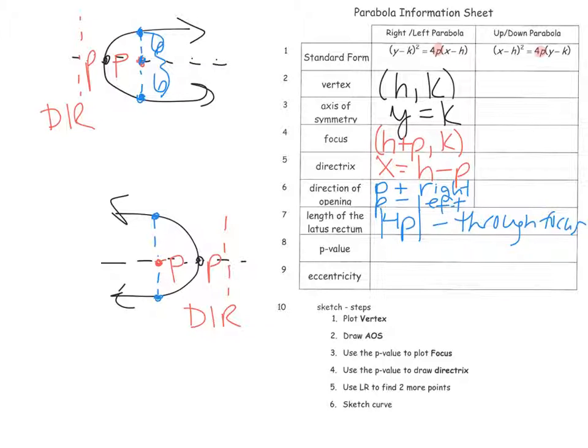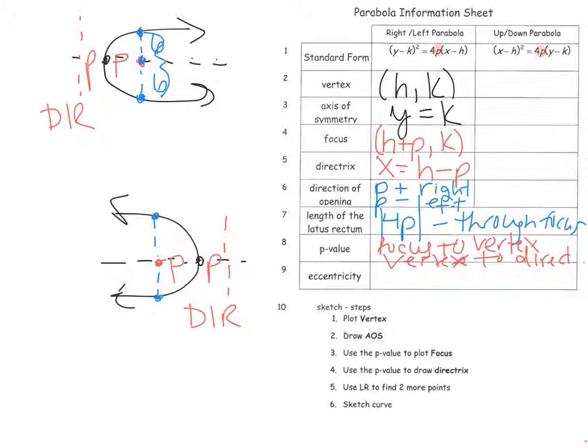The p-value, an actual definition, I'll talk about this when I see you guys again, but the p-value is the distance from the focus to the vertex. But it's not only from the focus to the vertex, it's also the distance from the vertex to the directrix.